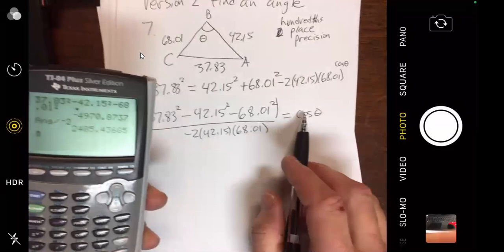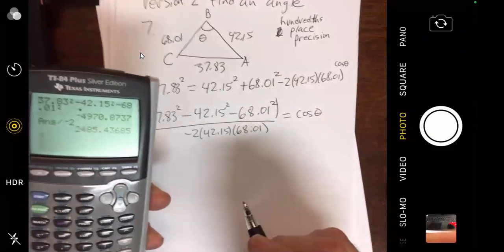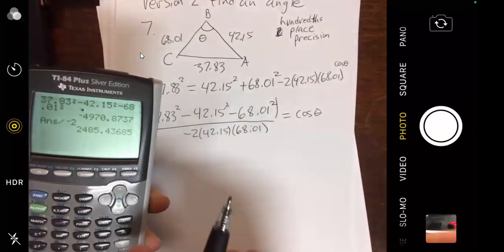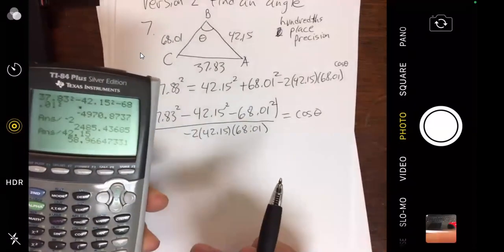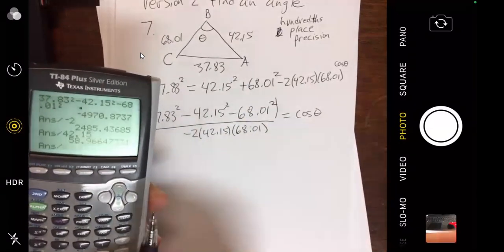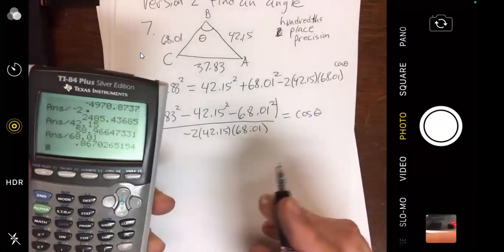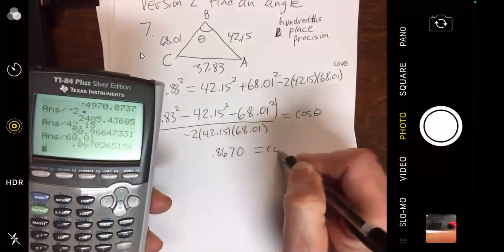If it's a negative, that means you're in the second and third quadrants. So negative answers are perfectly legal. All right, that divided by the negative 2. Now we'll divide by the 42.15. And now we'll divide by the 68.01. And I wind up with 0.8670 or so as cosine theta.